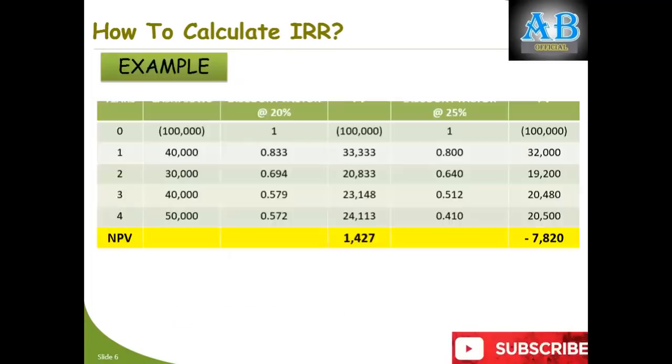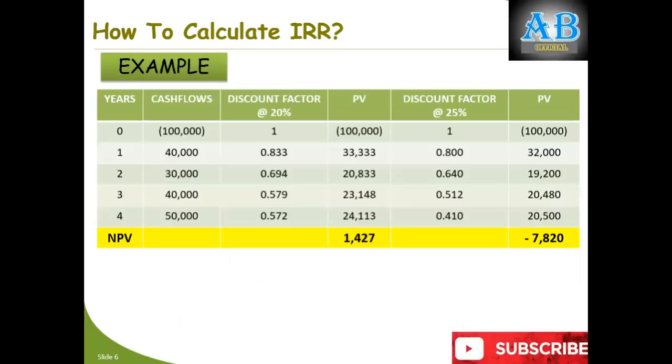Then this is the example. Here we have data of cash flows and discount factors, and we have calculated NPV at the 20% discount factor. Then we increased the interest rate from 20% to 25%, and we calculated the NPV.